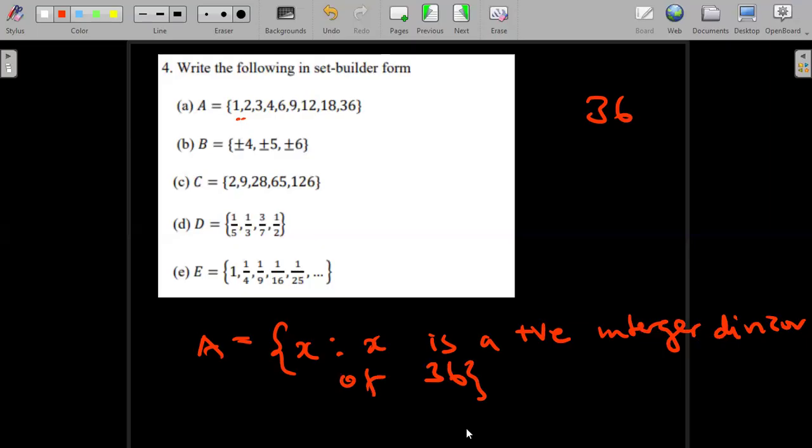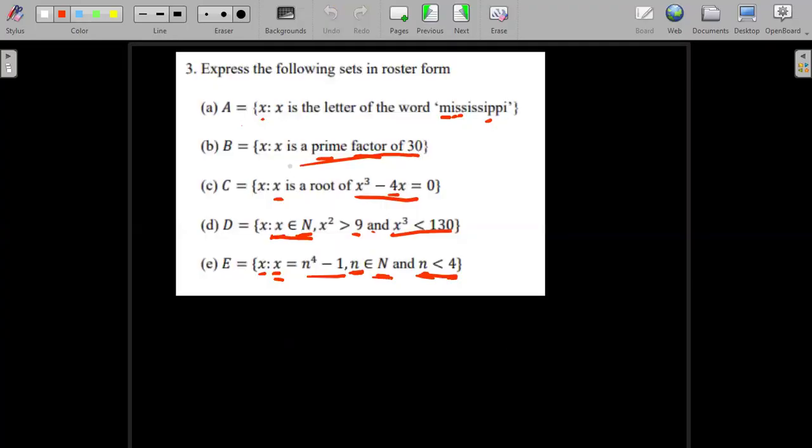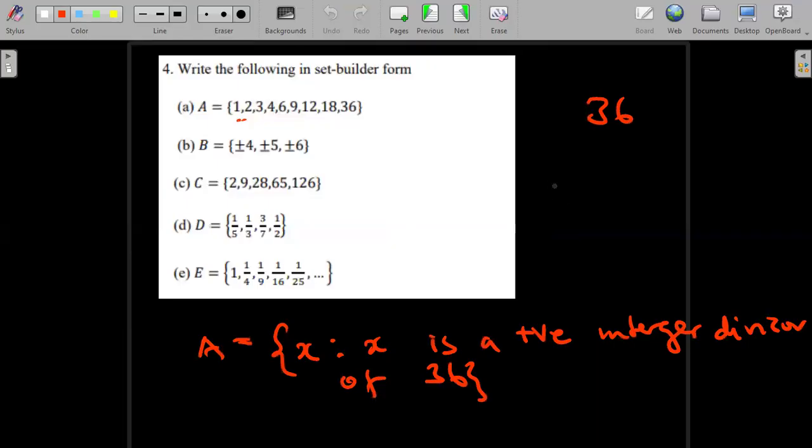Or if you saw the one we had on the previous one, you see they wrote x is a prime factor of. Or you can write that x is just a factor.